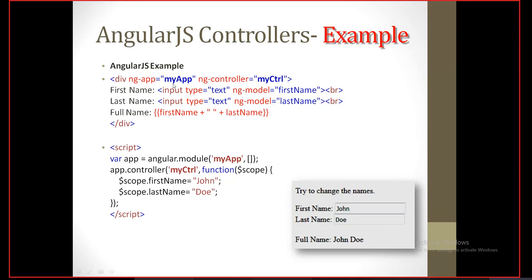This myApp application. Understood? For that, I'm assigning some value as John, and for the last name I'm assigning the value Doe. Then I'm closing that function. Once I close that function, I will also close the controller function and put a semicolon.